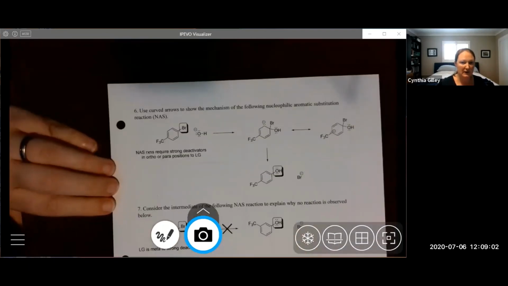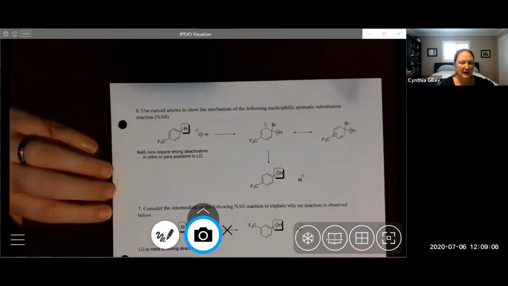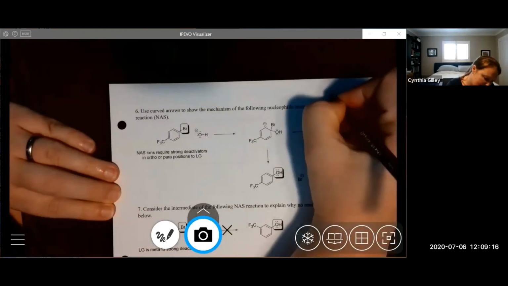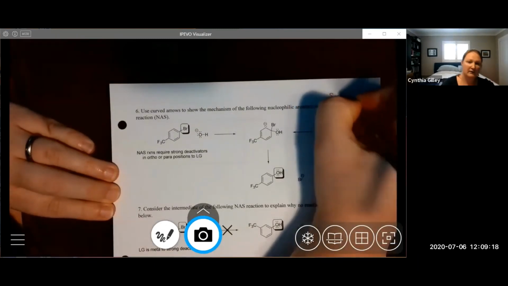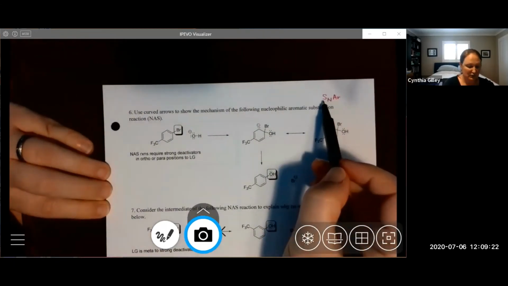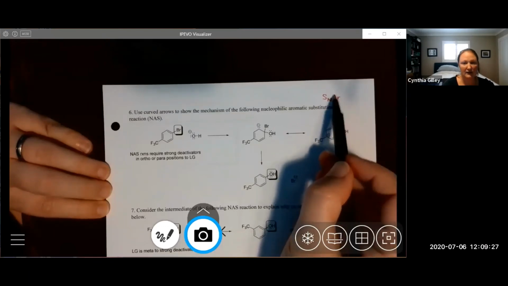Moving on, we're going to start talking about the nucleophilic aromatic substitution reaction. It uses the abbreviation NAS, but you also might see it as SNAr, which basically stands for substitution with a nucleophile on an aromatic ring.